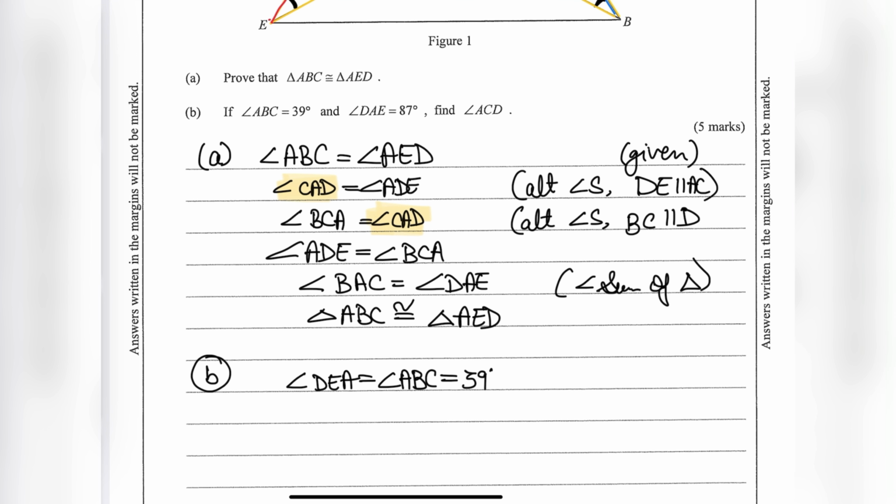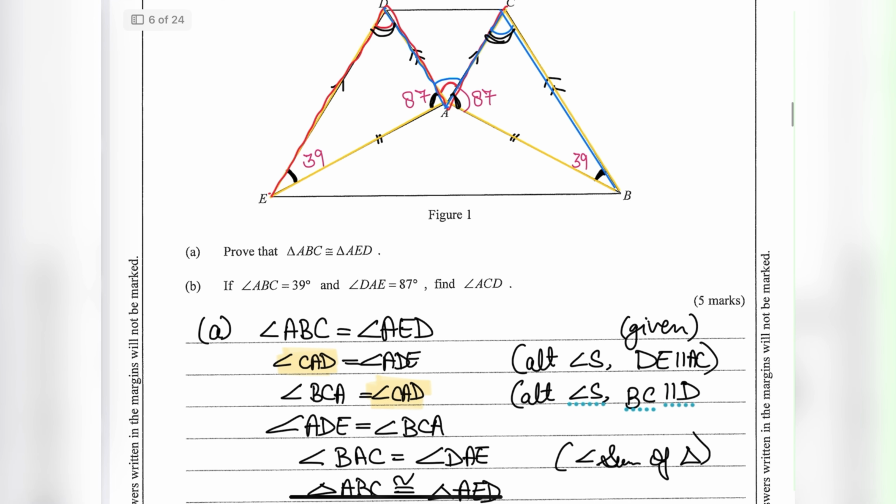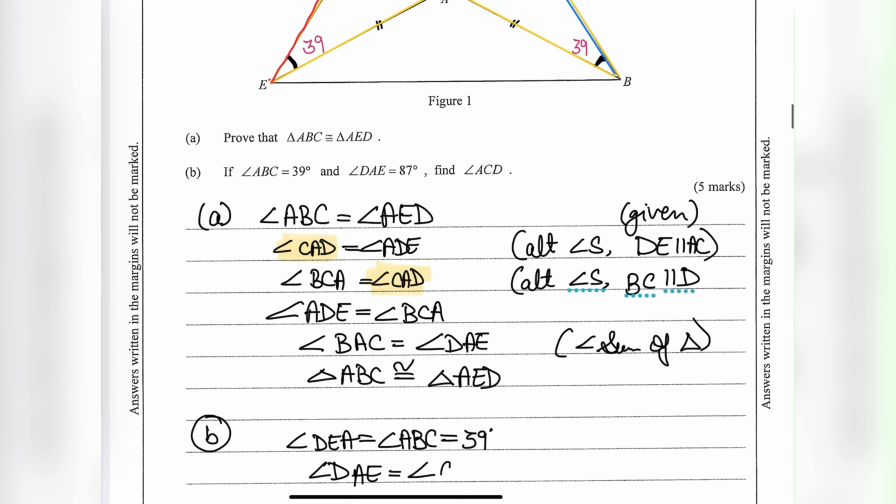The other angle, DAE, is given. DAE will be equal to CAB, which is also given as 87.